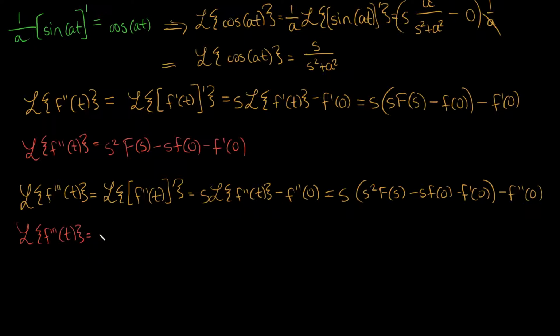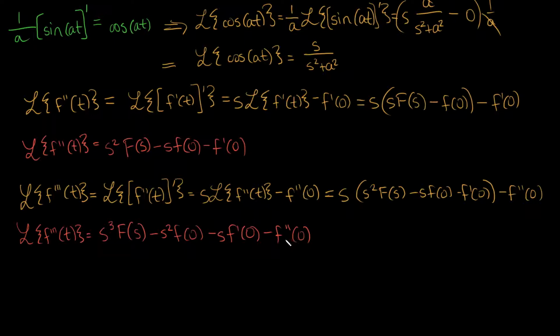So what we get is that the Laplace transform of a third derivative is the same as s cubed times the Laplace transform of the function itself, minus s squared times the function itself evaluated at 0, minus s times the derivative of the function evaluated at 0, minus the second derivative of the function evaluated at 0. Alright, I think you can see where this is going.